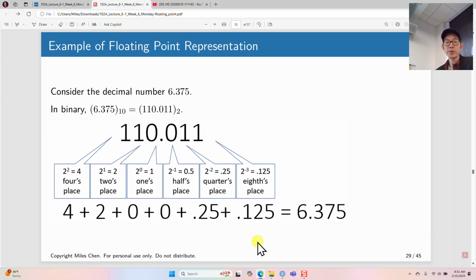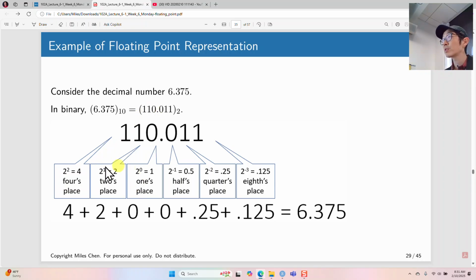Okay, so let's say we wanted to take this number, 6.375. So this is 6 3/8, and in decimal, we have 6.375. In binary, if I just converted this straight to binary, the 6 would be 1, 1, 0.